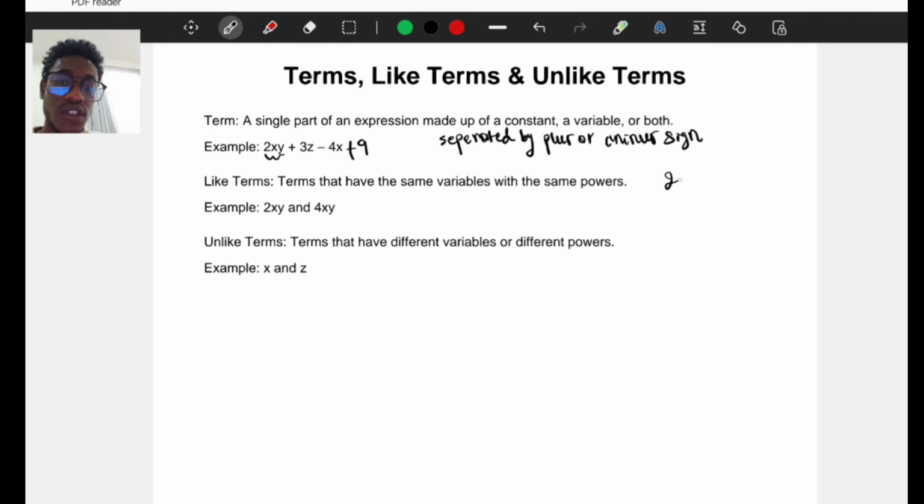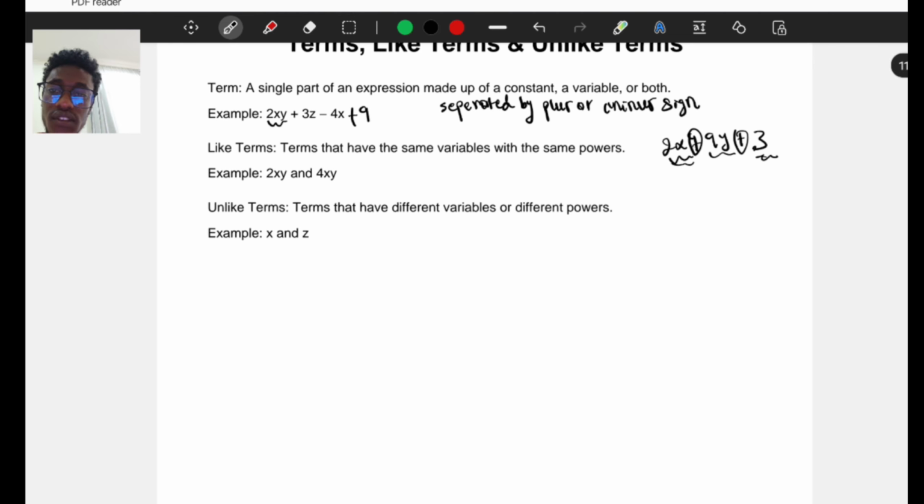For example, 2x plus 9y is equal to 3: 2x is separated by plus from 9y, and 9y is separated from 3 by plus. So 3 is one term, 9y is one term, 2x is one term because they are separated by a plus. So a term can be a constant, a variable, or both.